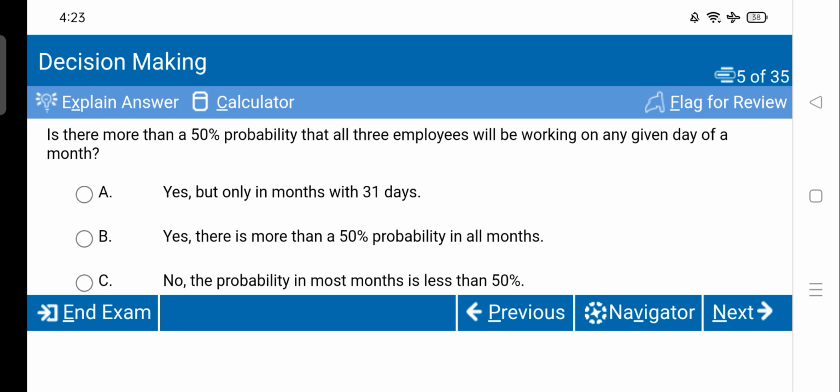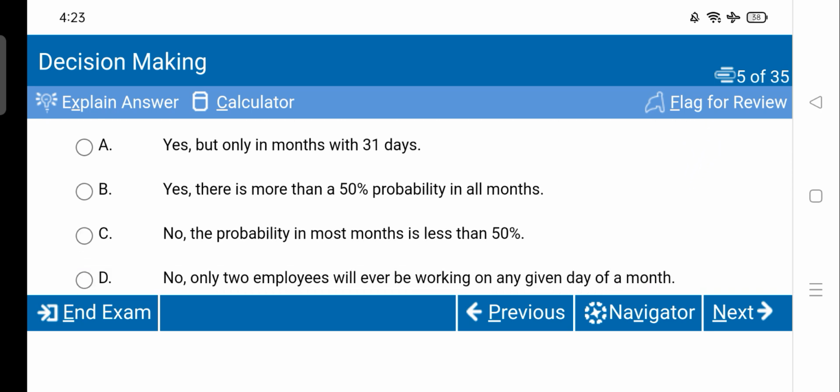Option B, yes, there is more than a 50% probability in all months. Option C, no, the probability in most months is less than 50%. Option D, no, only 2 employees will ever be working on any given day of a month.